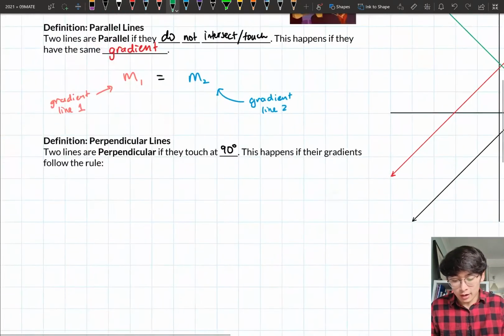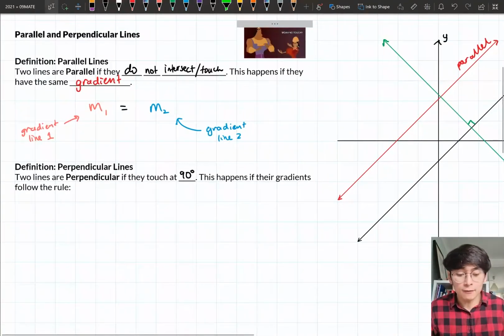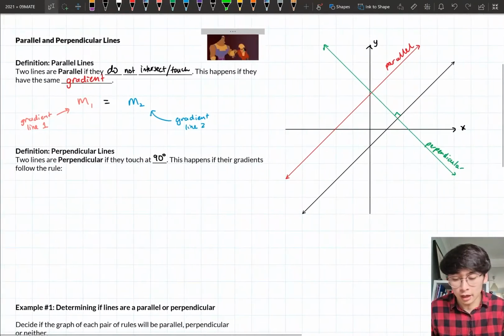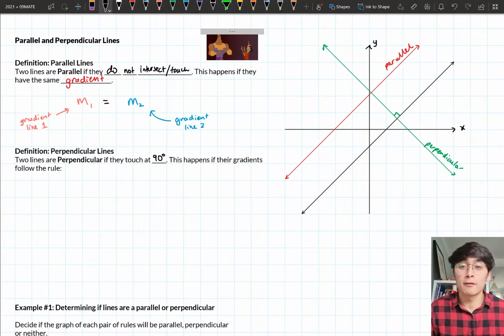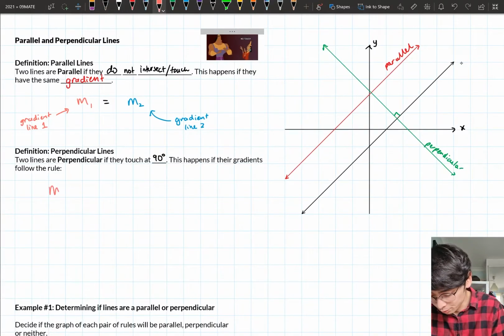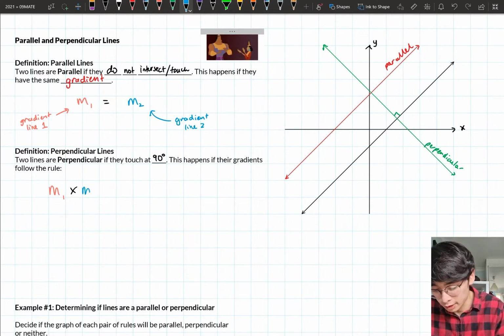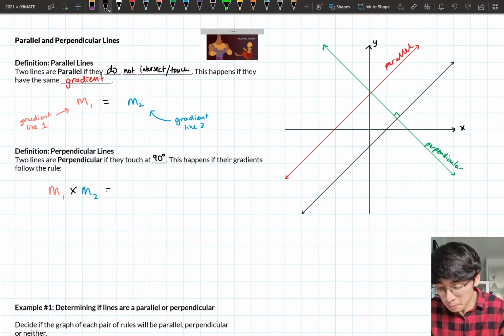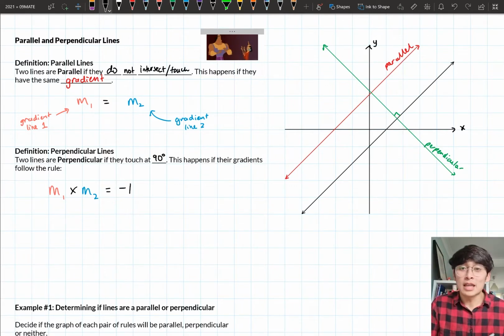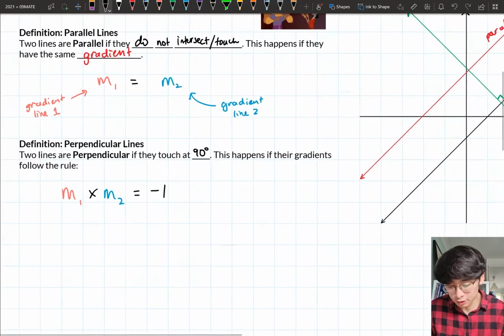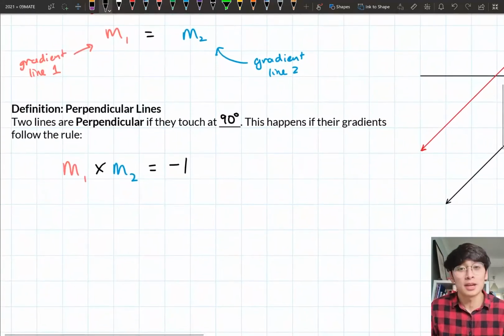And so here, the condition that we have is that if we want two lines to be perpendicular, they have to fill the following criteria. M1 times M2, so the gradient of my first line and the gradient of my second line, if I multiply them together and they give me -1, that means that they are perpendicular. Now we can actually rearrange this formula. So here, notice here we have M1 times M2.